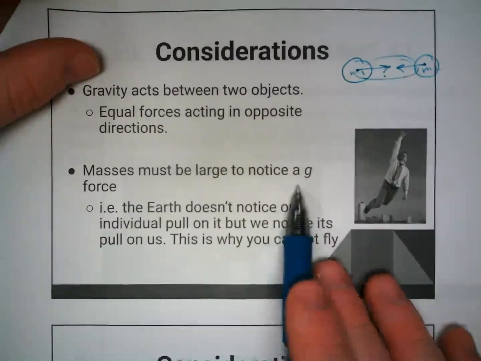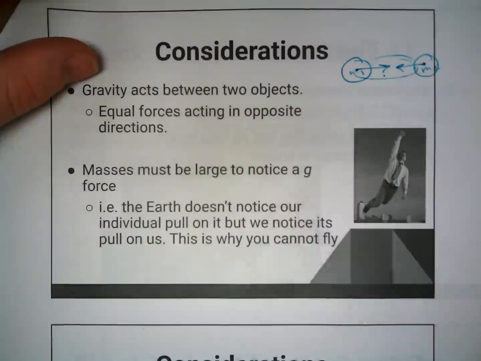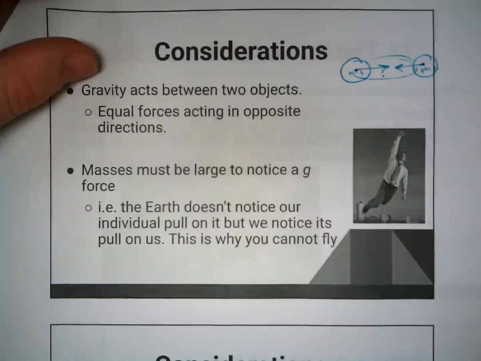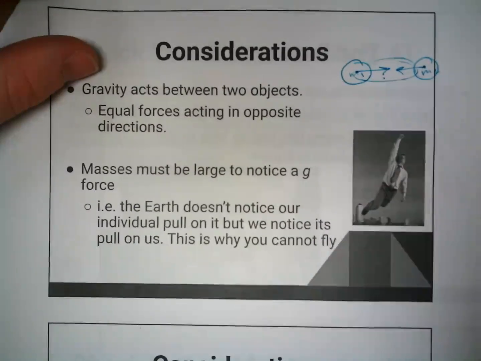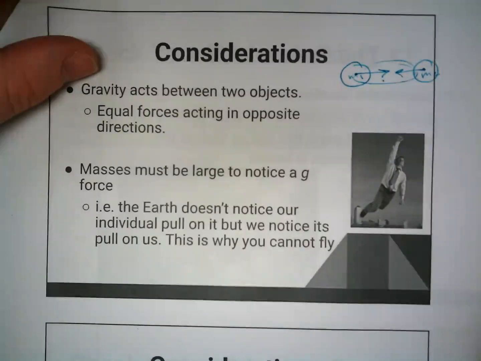Masses must be large to notice a g-force. So as much as you'd like to think that, oh, I'm affecting that little particle of dust a hundred million light years away, that's cool and all, but it's such a small calculation that it is almost not even worth calculating.